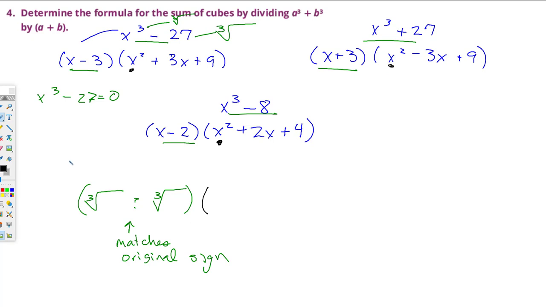Because x squared plus, it's the square of the first number in the first parenthesis. You don't have to write all that stuff. I just wanted to make sure you understood where I was pulling that number when I'm saying first.